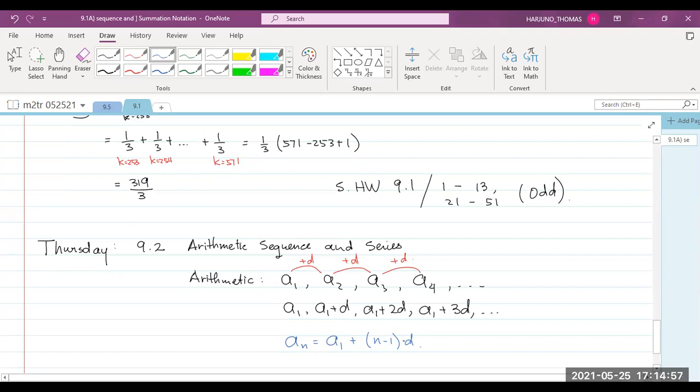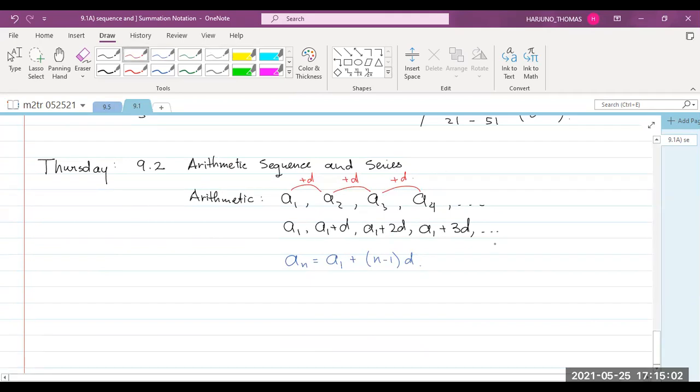That's an arithmetic sequence. Now, from a function point of view, an arithmetic sequence mimics, or is very similar to, a linear function.